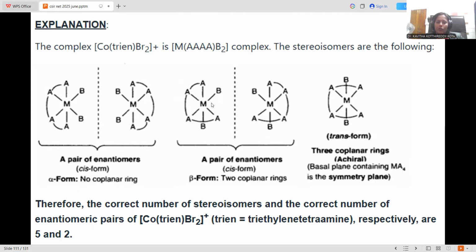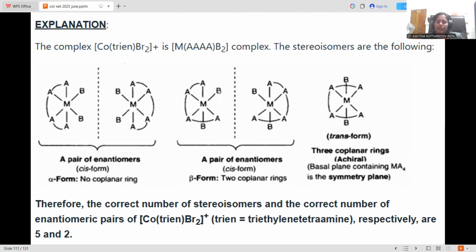Now, let me go with all four ligand positions indicated. The tetradentate ligand is indicated there, and in between, you draw the bromine atoms. Here, one of the bromine atoms is axial and the other bromine is equatorial.